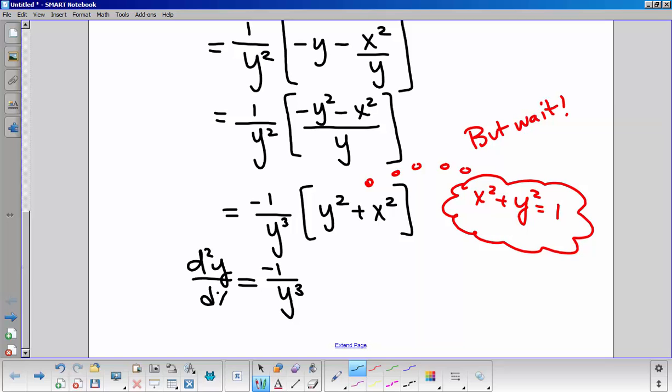Now, let's pull your calculator out, if you will. That's pretty cool. Yes, it is very cool. Pull your calculators out. I should probably do this on mine, too.